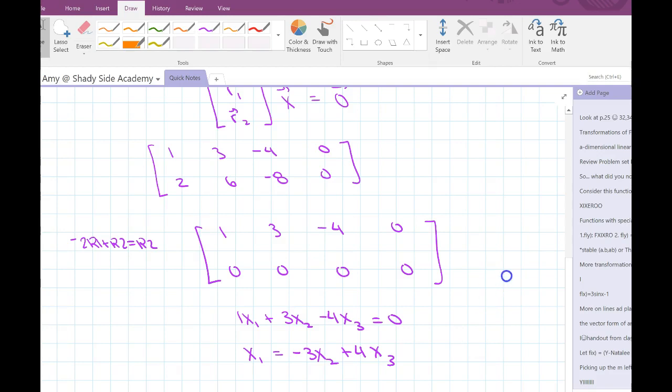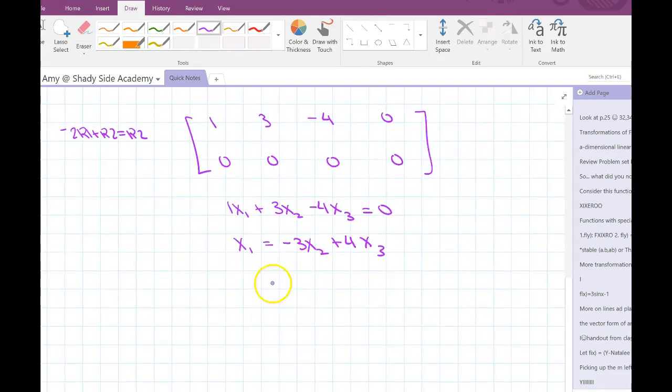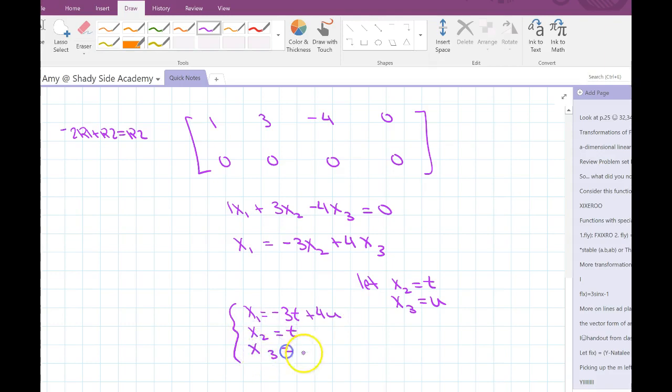If we want to parameterize, we can let x2 equal t and x3 equal u. And that tells me my solution is x1 equals negative 3t plus 4u, x2 equals t, and x3 equals u.